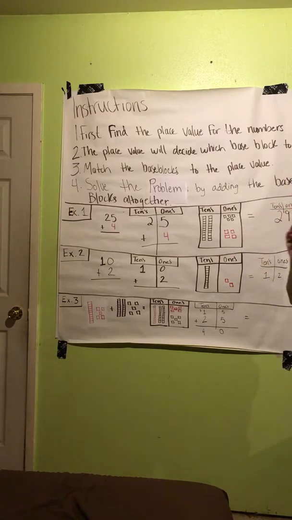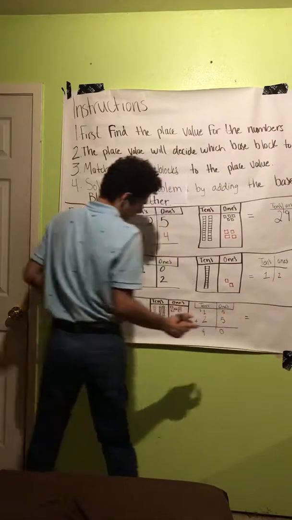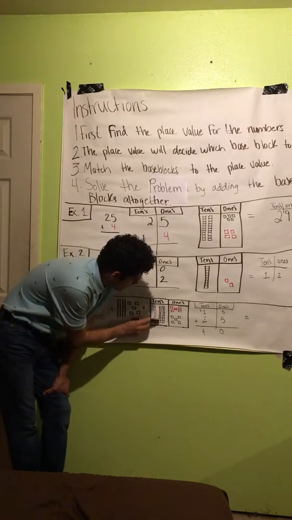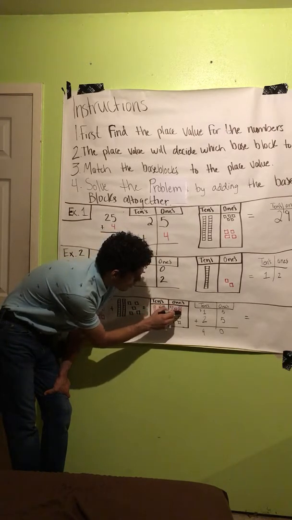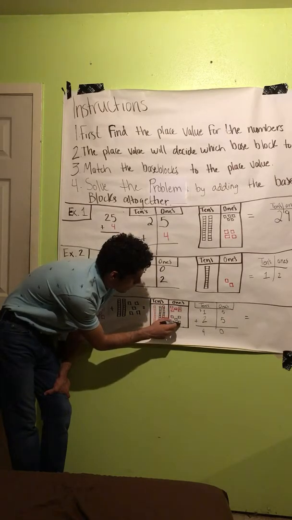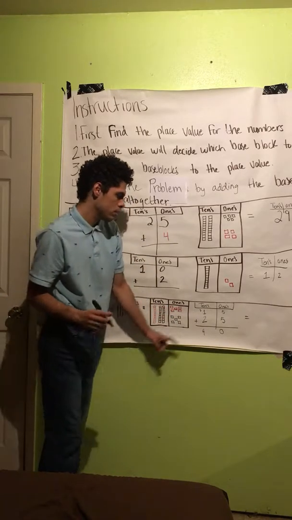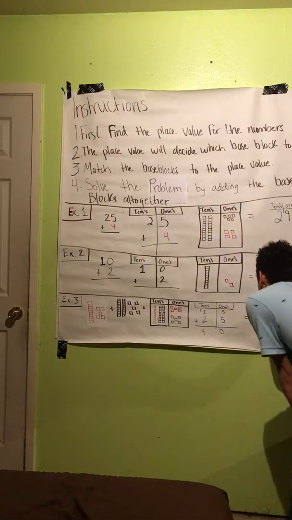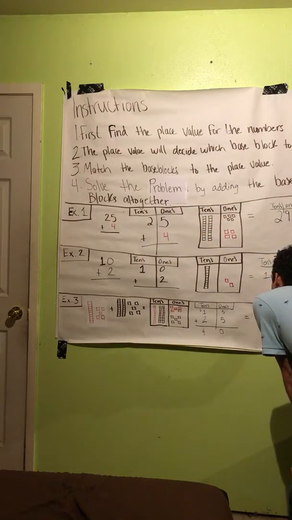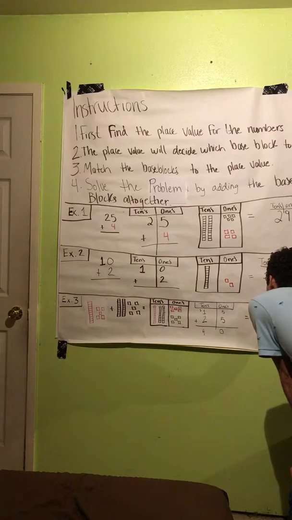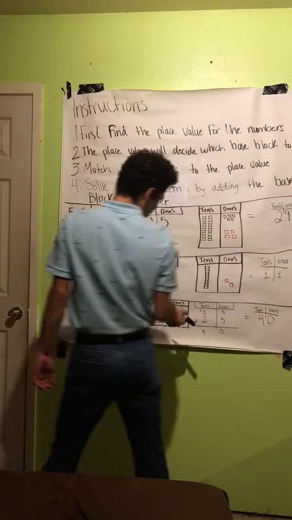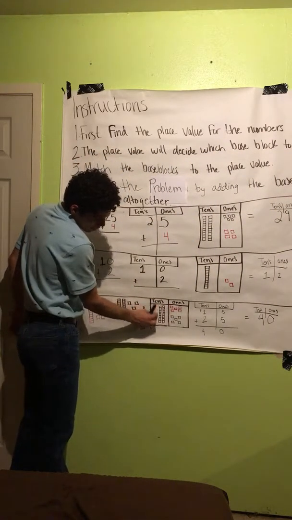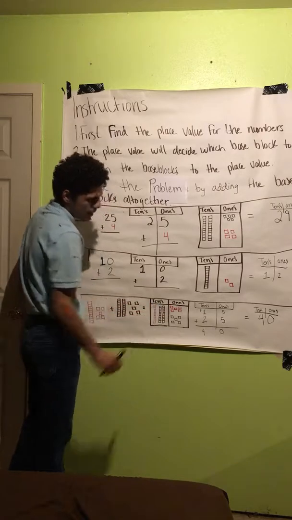Alright, if you want to add them to make sure, you know these are all 10, so 10, 20, 30, 31, 32, 33, 34, 35, 36, 37, 38, 39, 40. So our answer is going to be 40. Tens, ones. So essentially, you'll get rid of these and add another long skinny, and it'll be 4 tens, and that will be the answer.